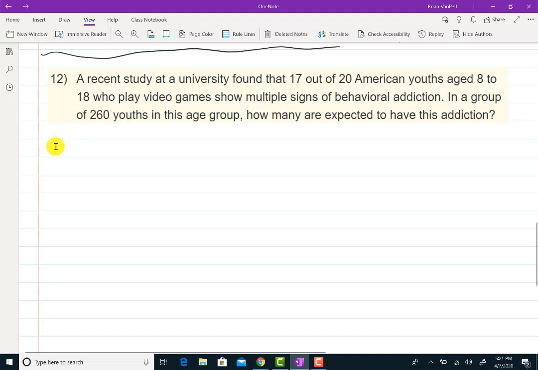All right, in this problem, we see that 17 out of 20 American youths who play video games show addictive behaviors. So they would like to know that in a group of 260, how many would you expect to have this particular addiction? So what we could do is look at the addicted divided by, I guess, the number of youths.